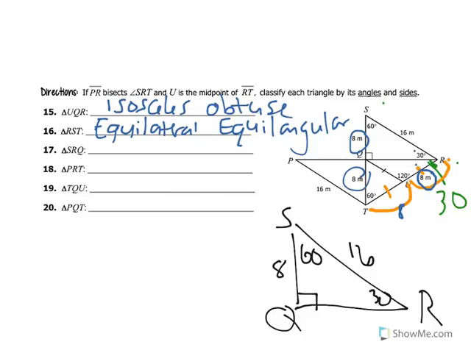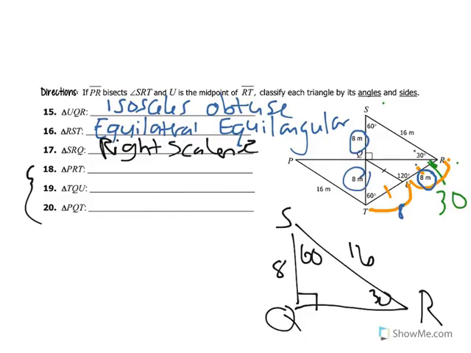So all of the sides are different, and there's a right angle. So it's a right scalene. So now I would like you guys to try problems 18, 19, and 20. So take a few minutes to try those problems.